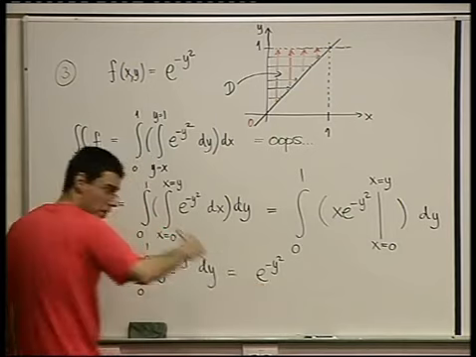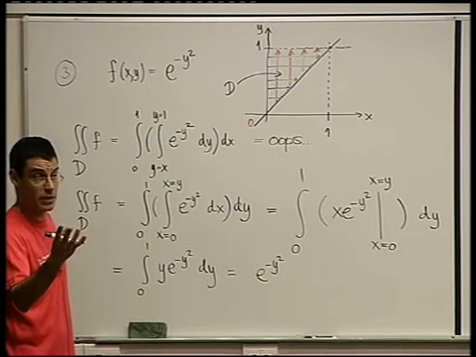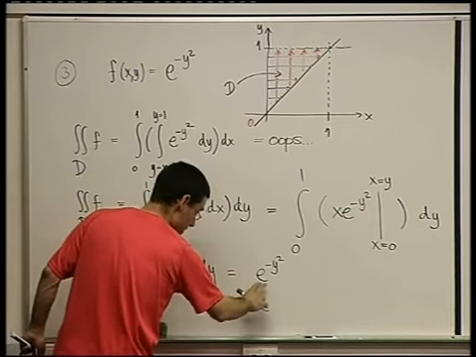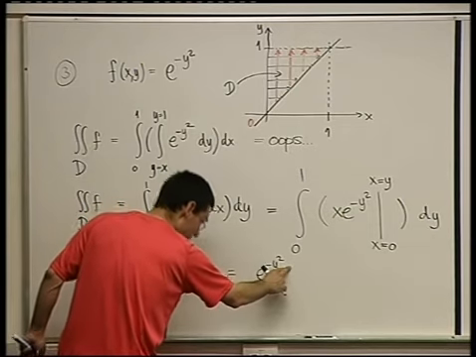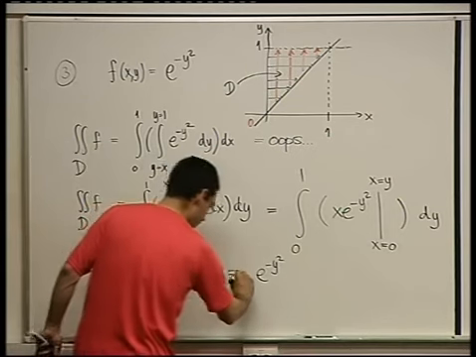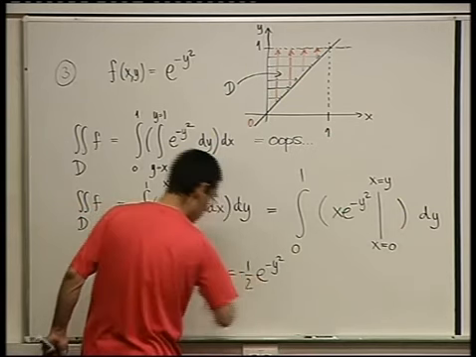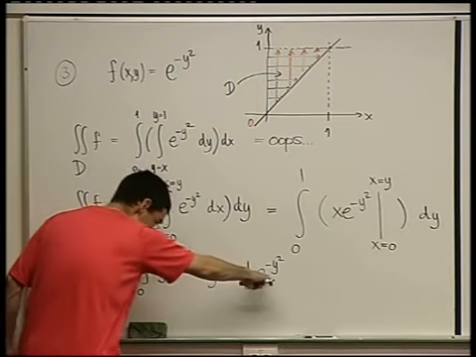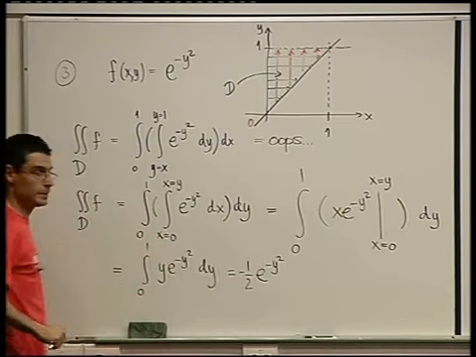It's the derivative of e to the something is e to the something times the inner derivative, right? So the derivative of this is e to the minus y squared times minus 2y. But I just want the y, so I have to multiply by minus 1/2. Do you agree? And the derivative of this is now precisely that.